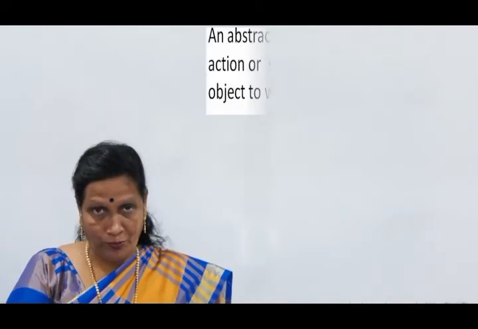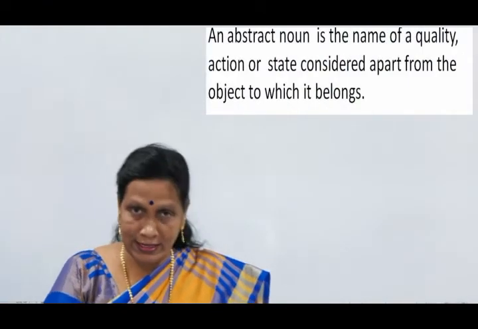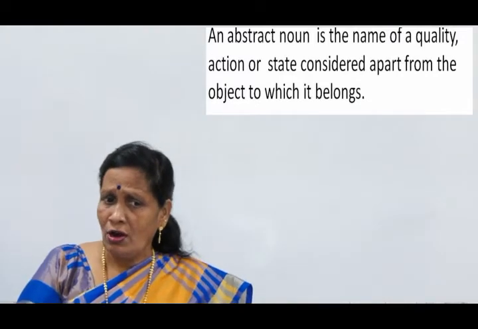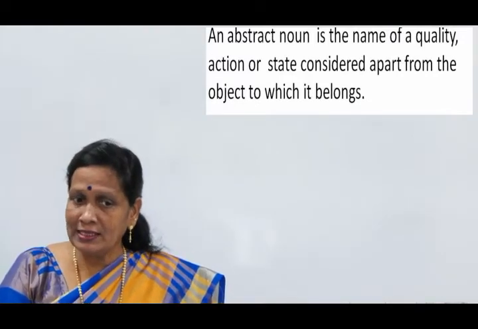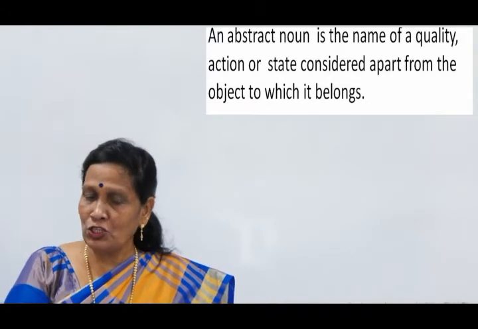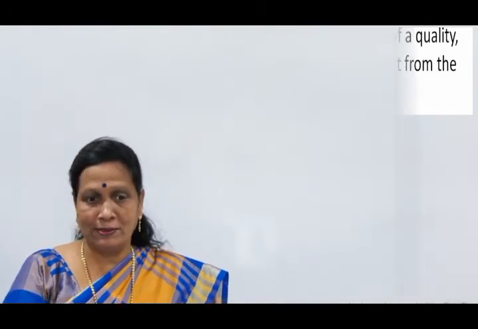The time has gone. Okay, now an abstract noun is the name of a quality, action or state considered apart from the object to which it belongs. Abstract noun, something which you cannot touch or you cannot see. Okay, you can just feel it.